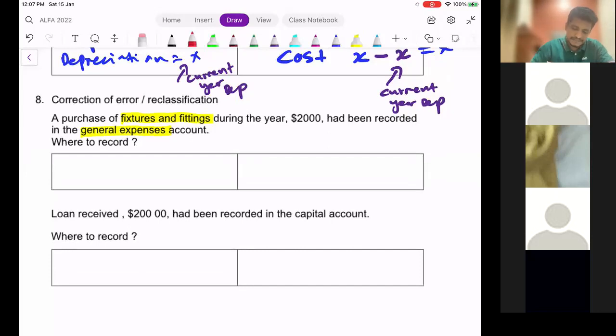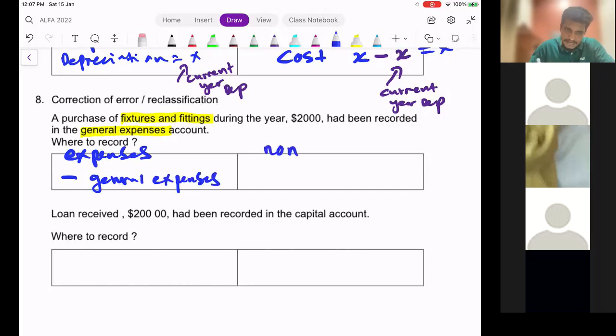You buy the fixtures and fitting, but you mistakenly recorded it in general expenses. So what do you do? You go to the expenses, you minus general expenses.